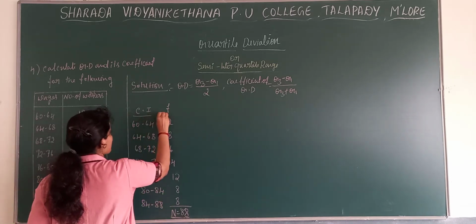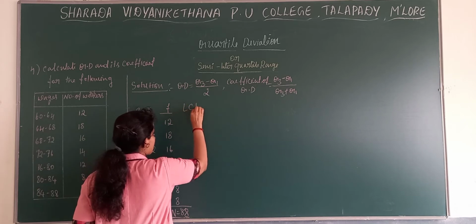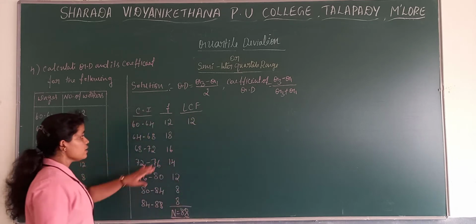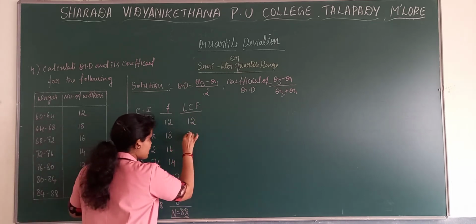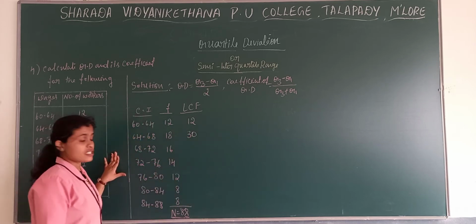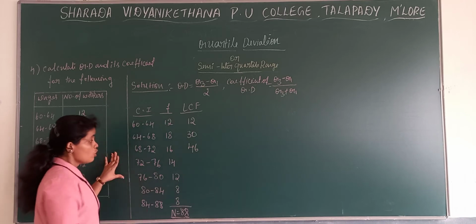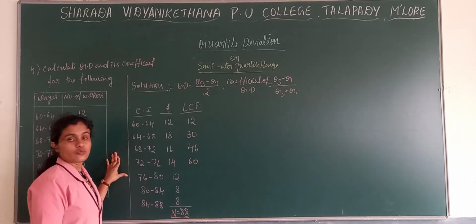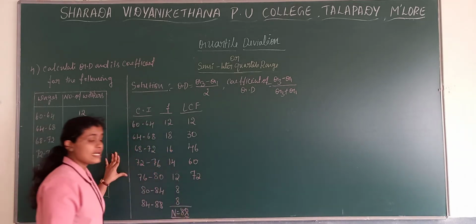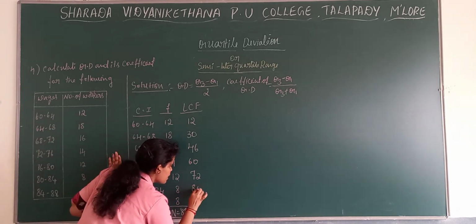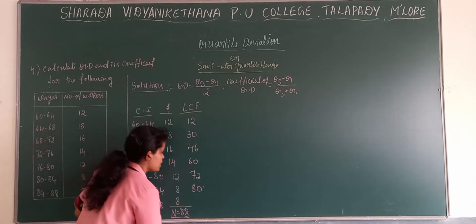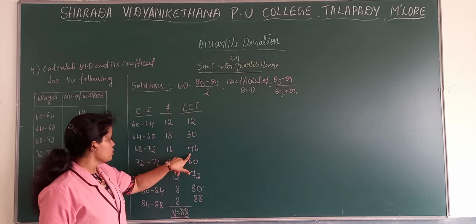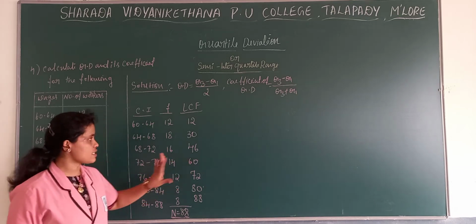Now the less than cumulative frequencies: 12, 12 plus 18 is 30, 30 plus 16 is 46, 46 plus 14 is 60, 60 plus 12 is 72, 72 plus 8 is 80, 80 plus 8 is 88.